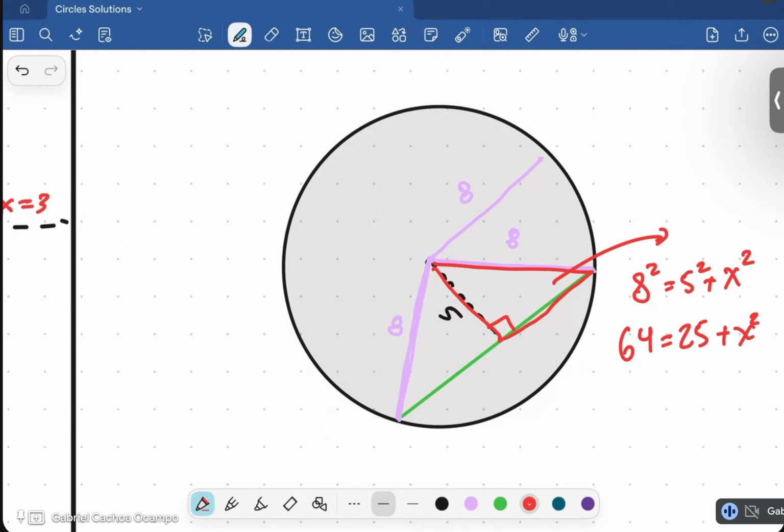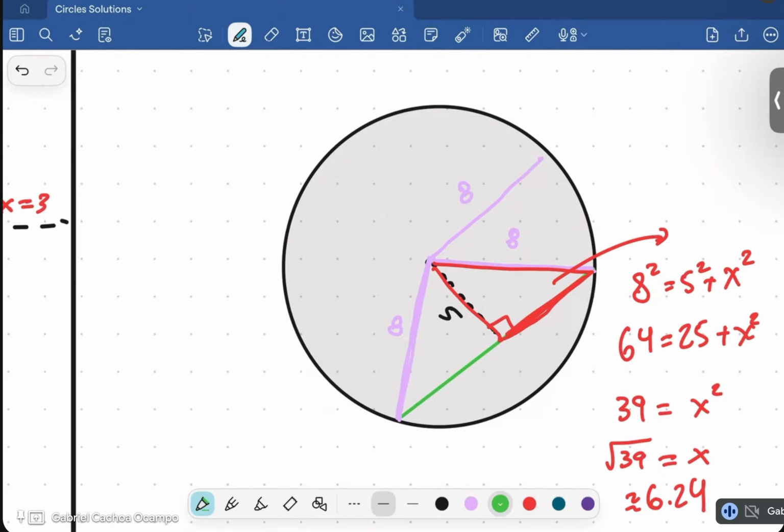O sea, subtracting 64 minus 25, that is 49? No, it is 39. Isn't that sad? Do the square root. So how much does this measure? This measures the square root of 39, which is around 6.24.